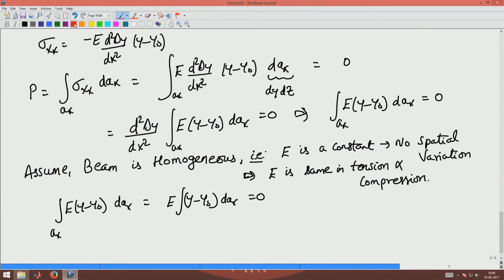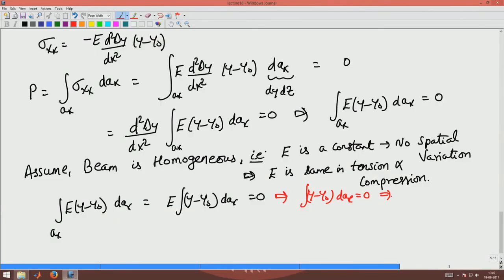This implies the integral of (y minus y naught) dA of x has to be 0, since we saw that E cannot be 0 because E has to be greater than 0, when we estimated the restriction on material parameters.